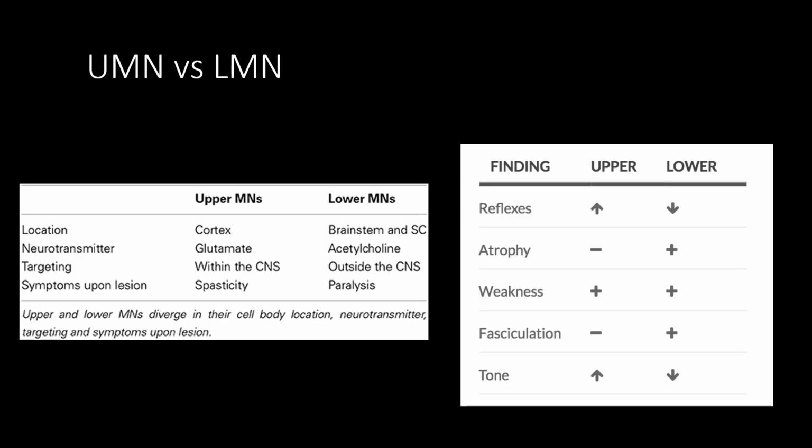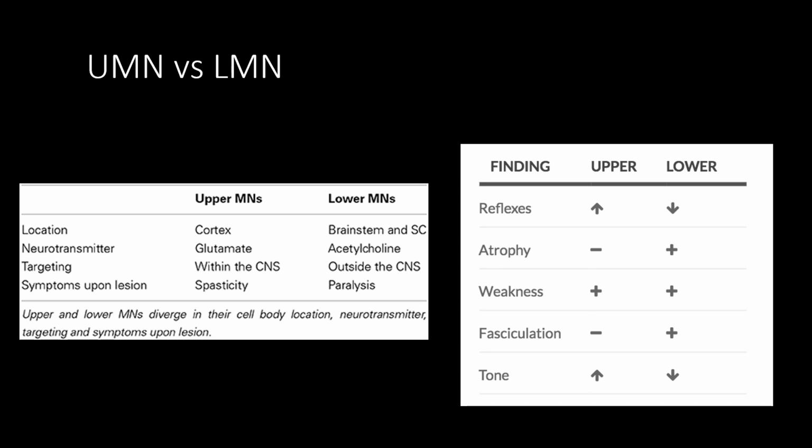So we look at upper motor neuron disorders versus lower motor neuron disorders, and we've talked about this a little bit, so it should be a review. But when we have upper motor neuron damage, that's typically happening in the cortex with the neurotransmitter glutamate involved in response to the injury. It is targeted to the central nervous system, and symptoms present with spasticity.